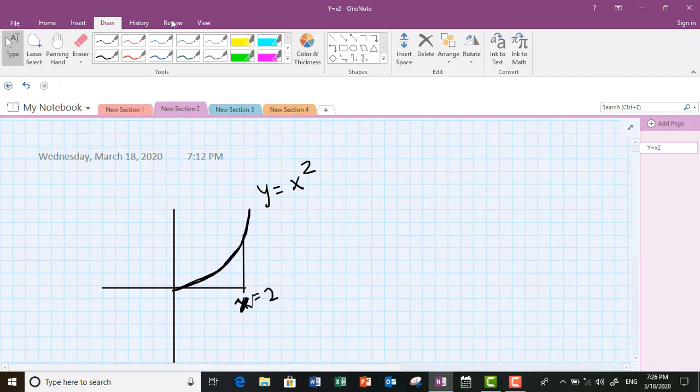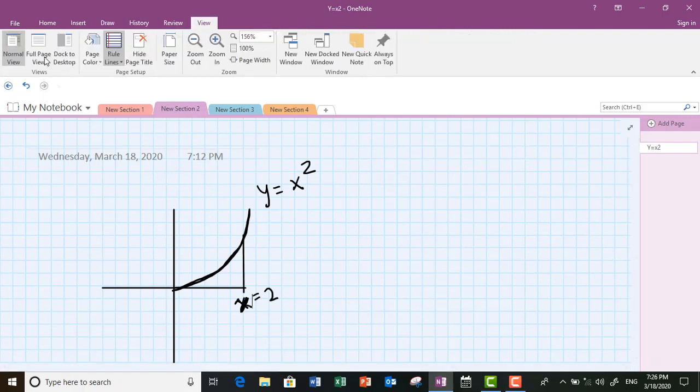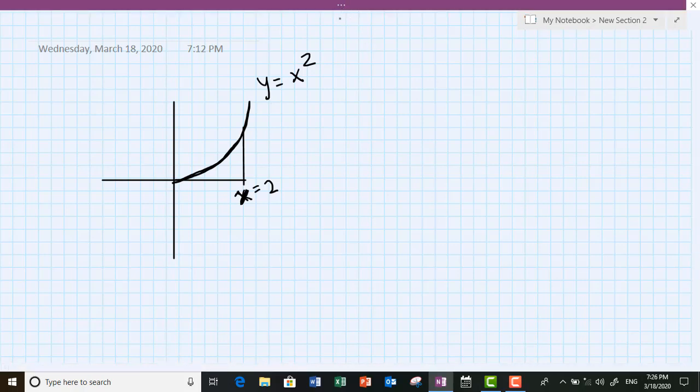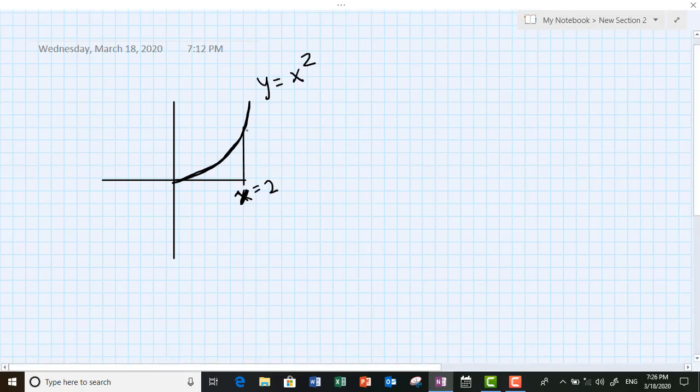So let's say you have a region here which is bounded by y equals x squared and x equals 2, which is a vertical line, and the x-axis. Okay, so the area bounded by y equals x squared, x equals 2, the vertical line, and the x-axis.